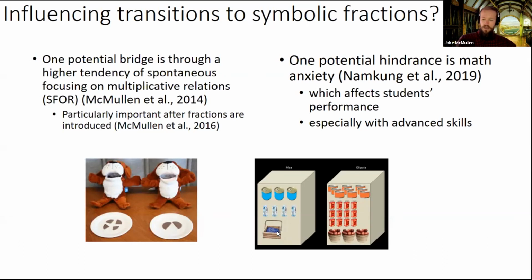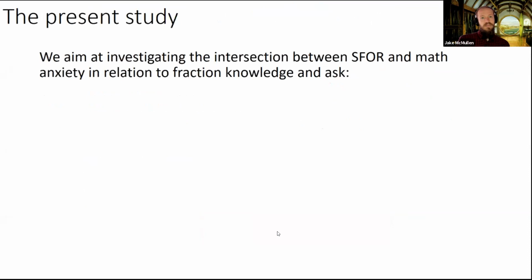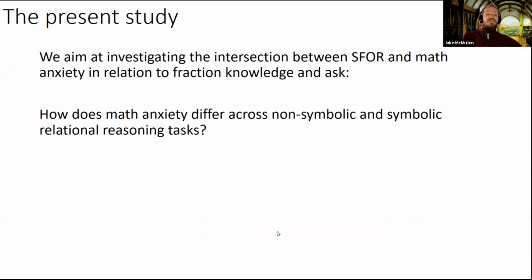Of course, as far as we know, no one has really examined both math anxiety and SFOR in the same study, in particular looking at how both are related to formal fraction knowledge. So we aim to investigate the intersection of SFOR and math anxiety in relation to fraction knowledge, and asked 2 questions in the present study. How does math anxiety differ across non-symbolic and symbolic relational reasoning tasks?